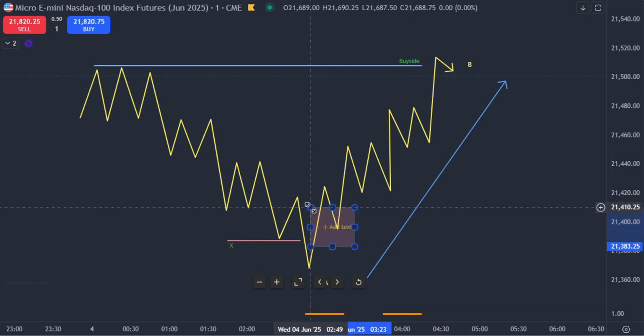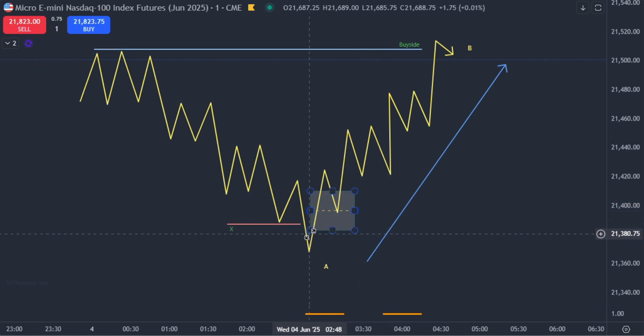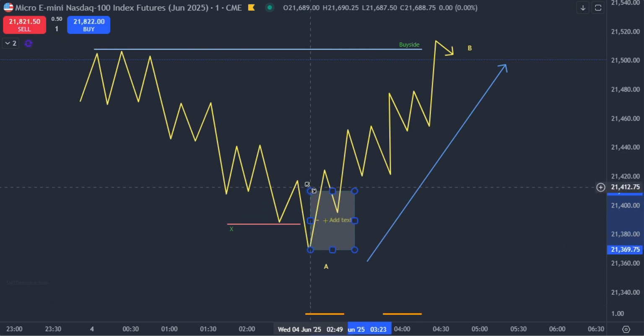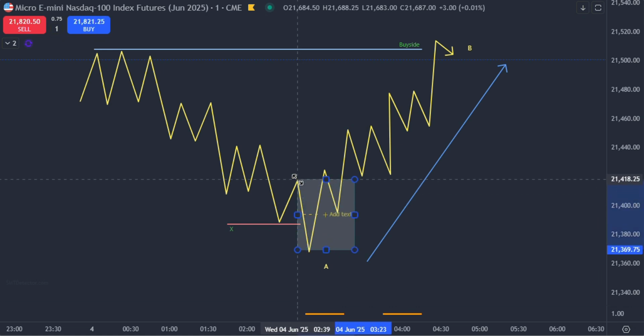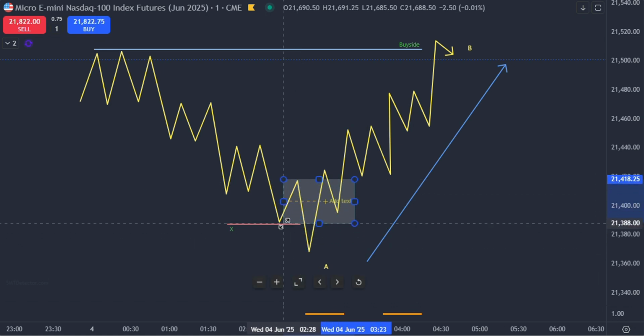So you'll get a fair value gap here as your entry, or you can look for your order block on the 1 minute time frame. Say this is the order block. Or if you prefer breakers, you can look for a breaker as your entry.